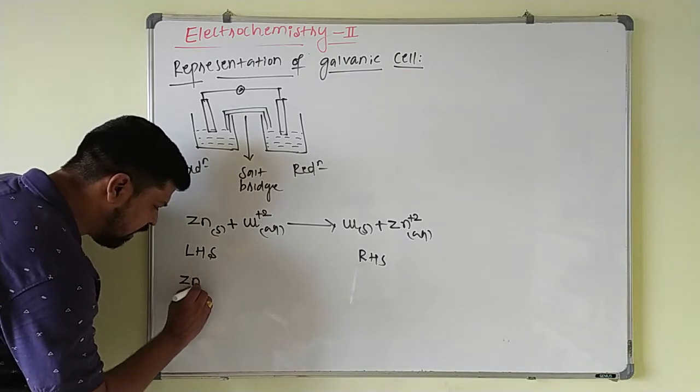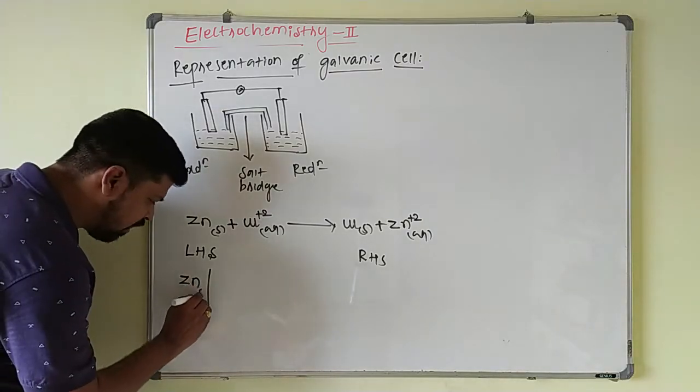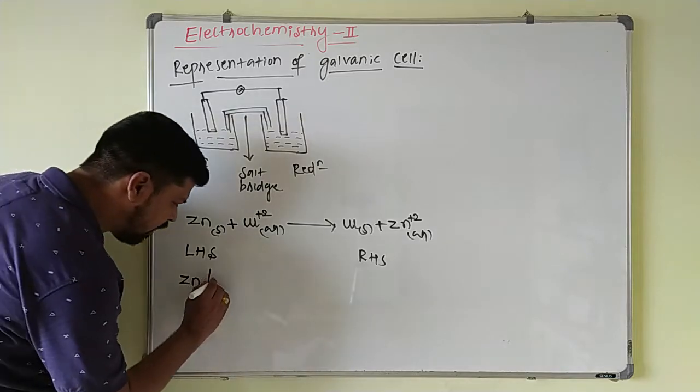The oxidation half cell is represented by putting a vertical line between the electrode and electrolytic solution.